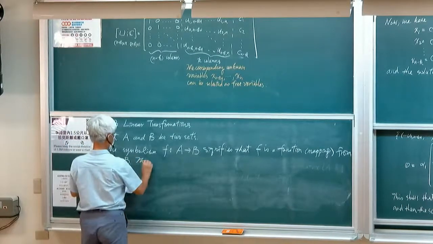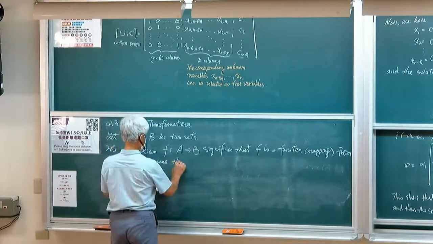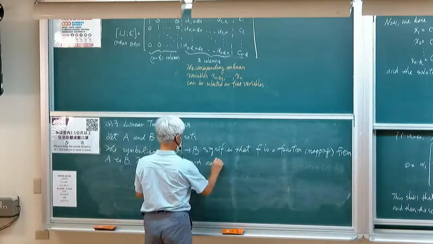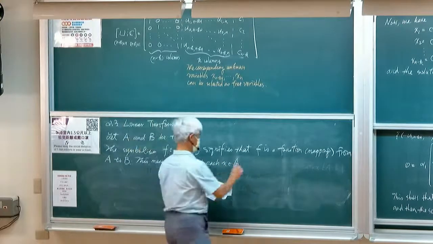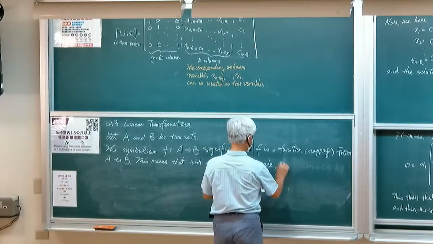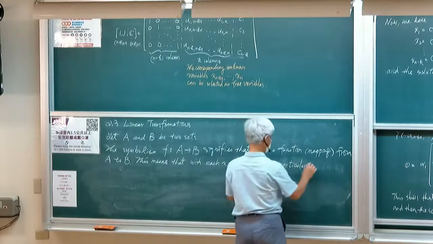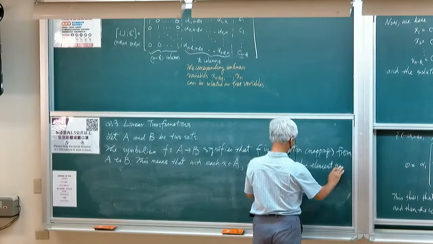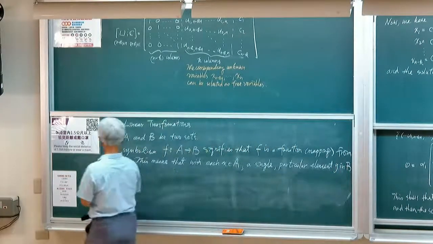Now this means that with each element x in the set A, a single particular element y in B is associated.